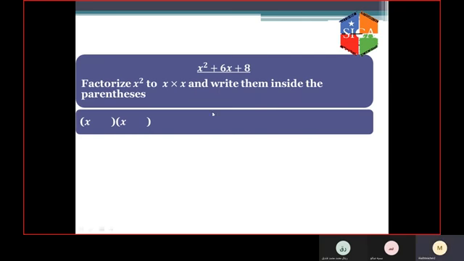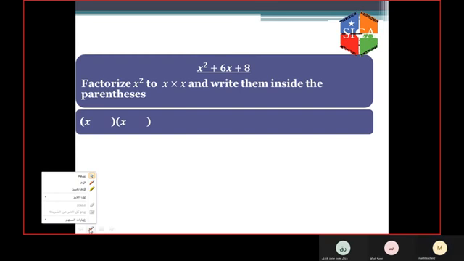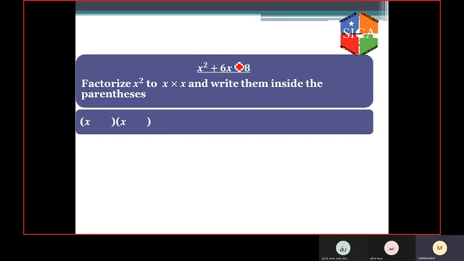Then our strategy here: the last term is positive, so the strategy is product and sum. We search for two numbers whose product is 8 and whose sum is 6.